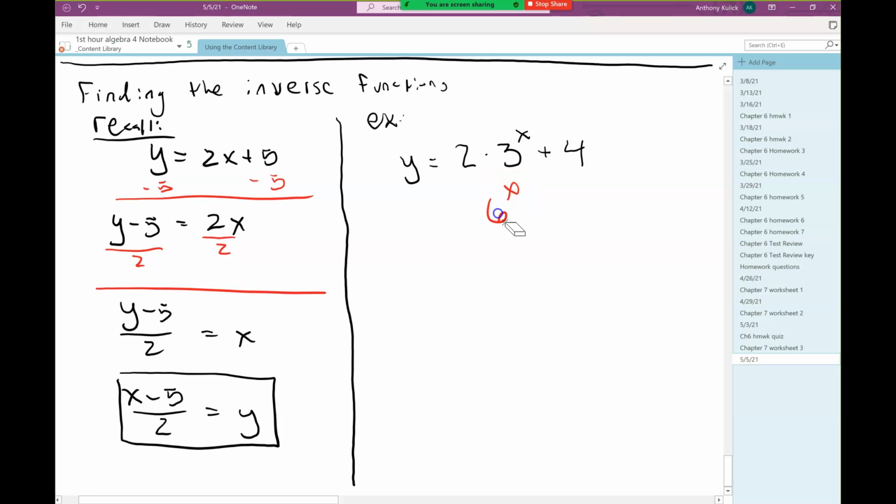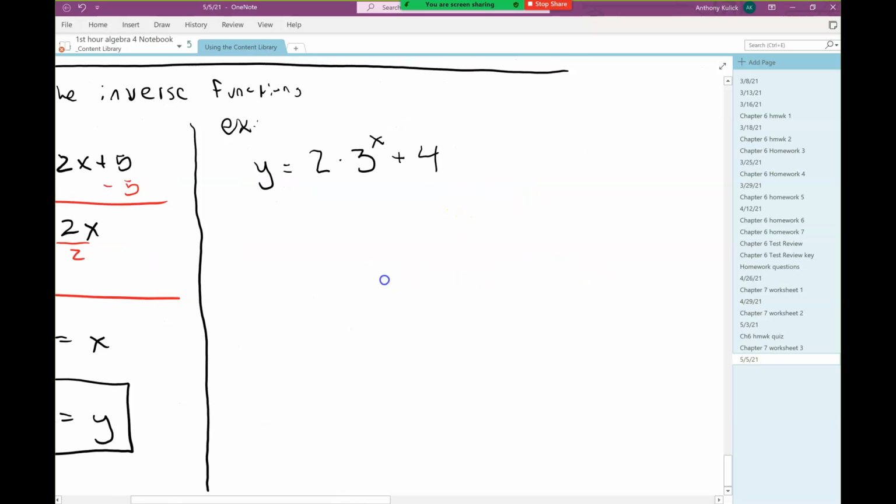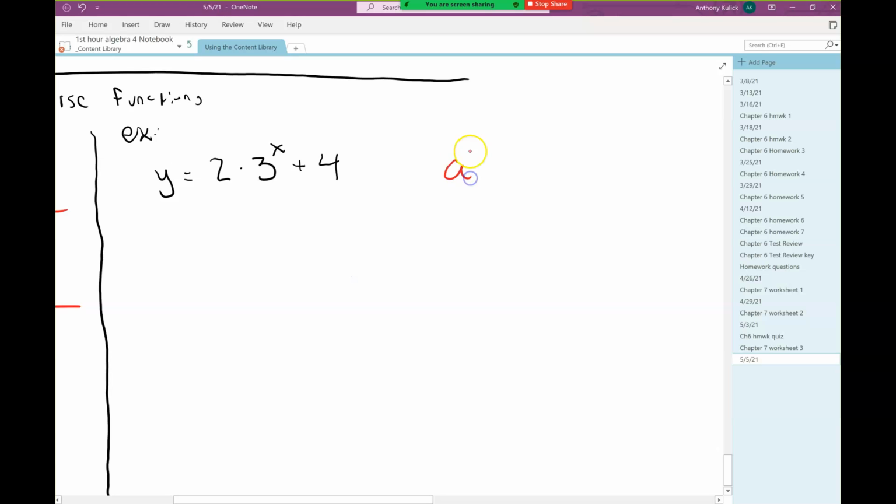Remember, there's 2 ways that we can multiply exponentials. So if I have like x to the a times x to the b, where the bases are the same, I can multiply them together by adding exponents.